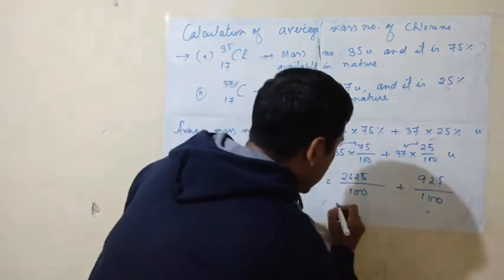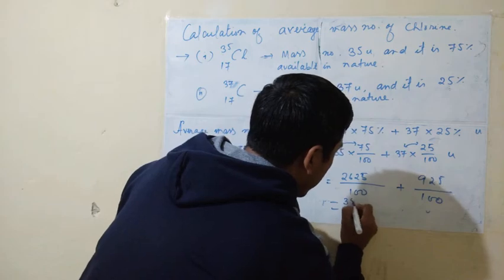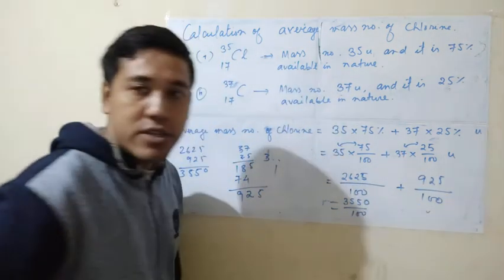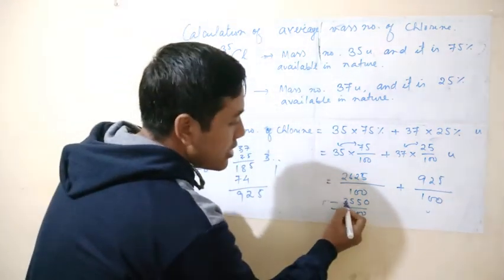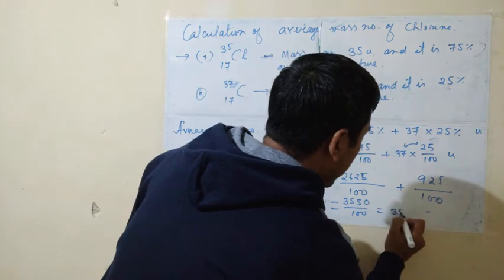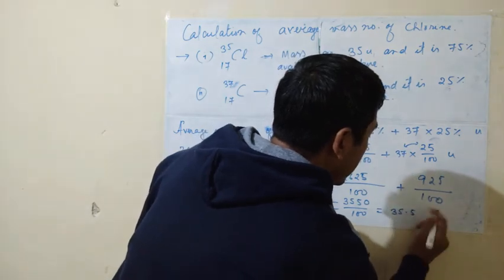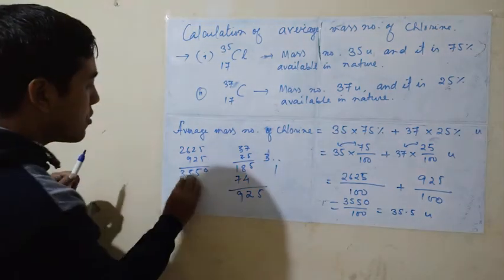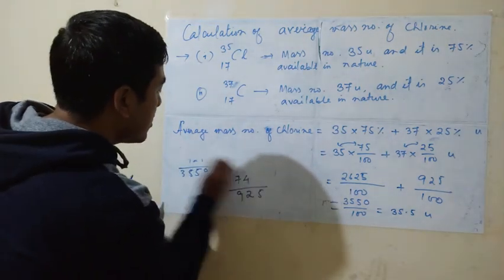That is equal to 3550 divided by 100. If you divide this 3550 by 100 it becomes 35.5 unit.